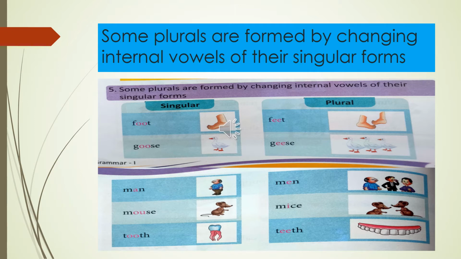Goose, double O turned into double E when we made plural, and we pronounce it geese. Man becomes men, A changed into E. Mouse turned into mice. The whole spelling has changed. M-O-U-S-E becomes M-I-C-E in plural. Tooth becomes teeth, which means double O turned into double E.